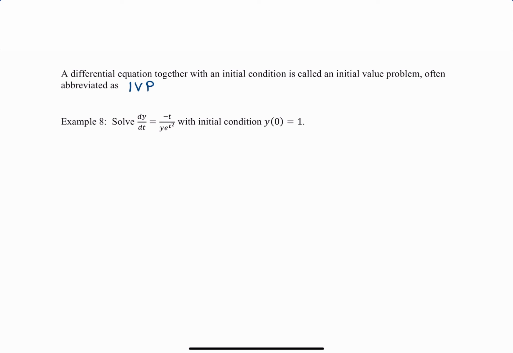I'm going to multiply both sides by dt, and I'm also going to multiply both sides by y. That will give me y dy equals minus t over e to the t squared dt, and then we integrate.